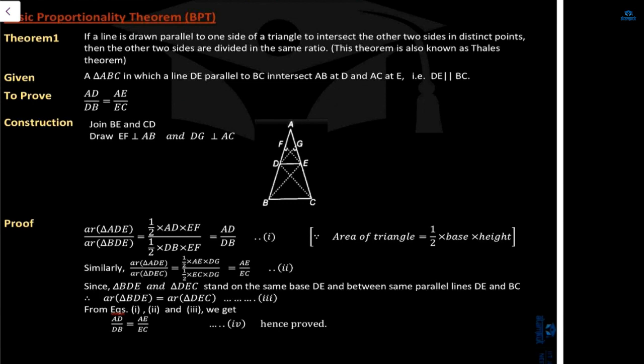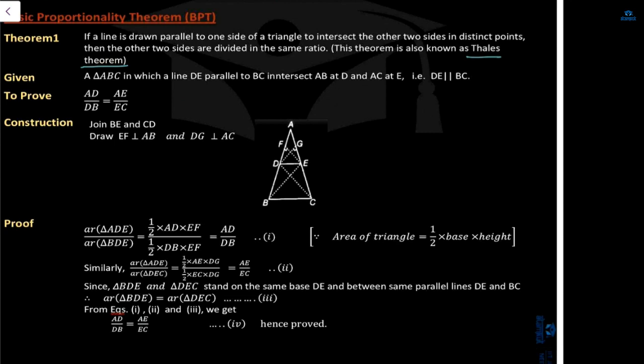Remember this, because your question paper may just say prove the Thales theorem, and if you don't know that BPT is Thales theorem, you will not be able to write it. BPT is only the other name of Thales theorem.